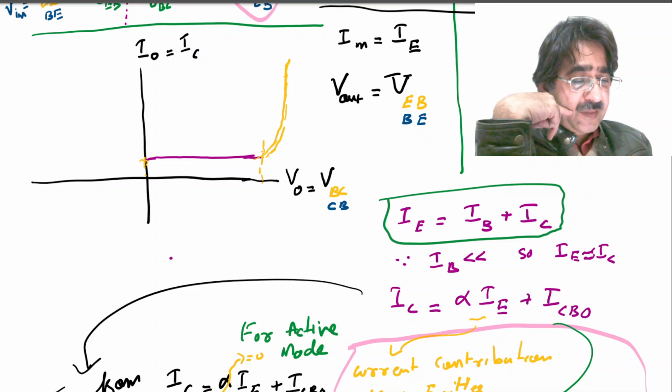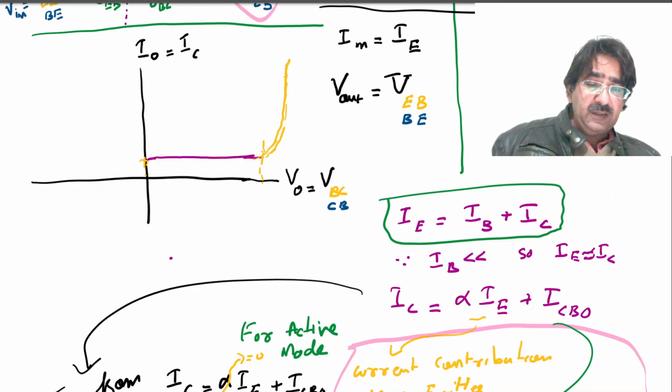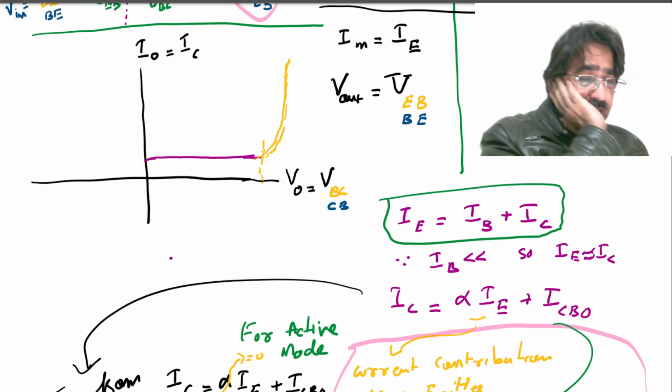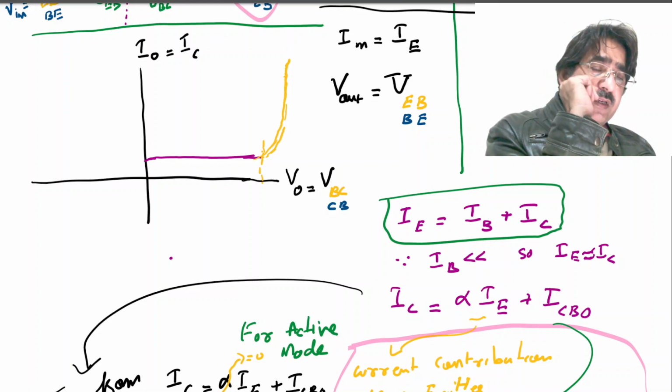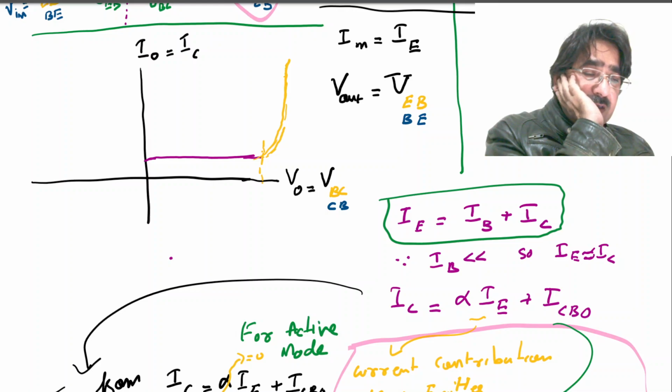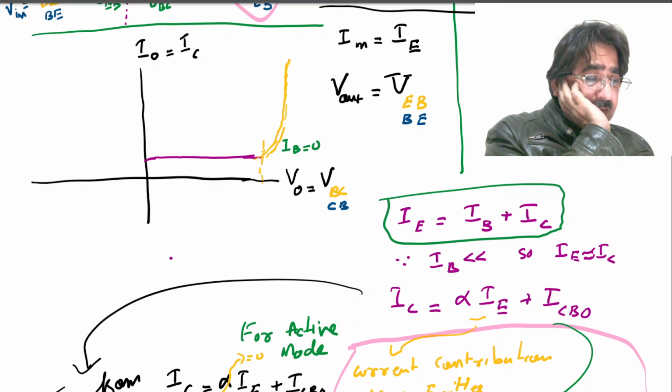We must not cross this limit, because after that the transistor may break. After this the current will increase instantly, so we will not consider this part. This is when IE will be equal to 0.